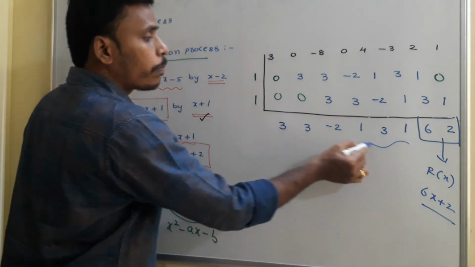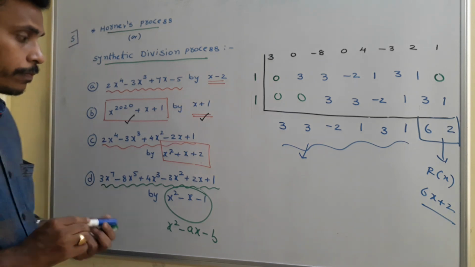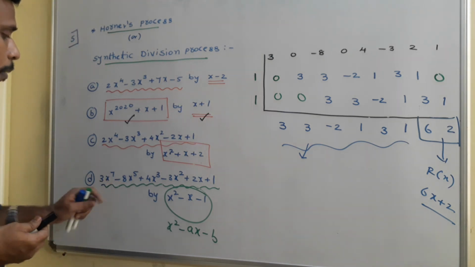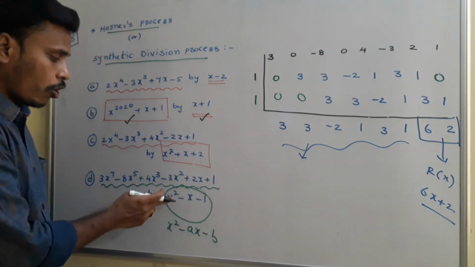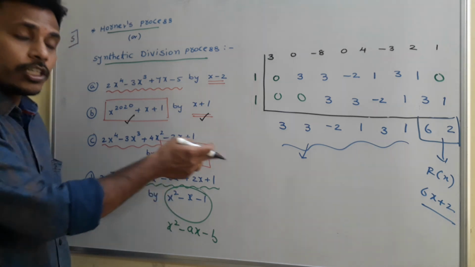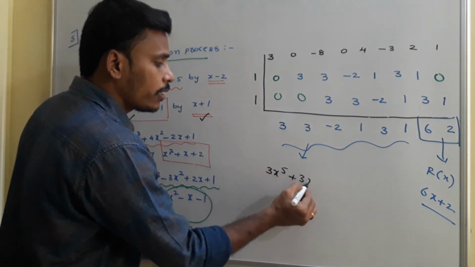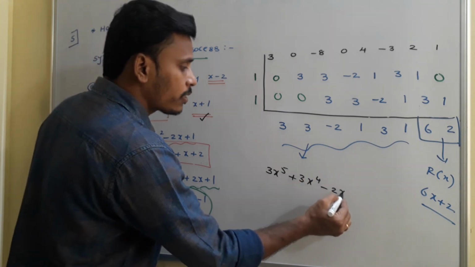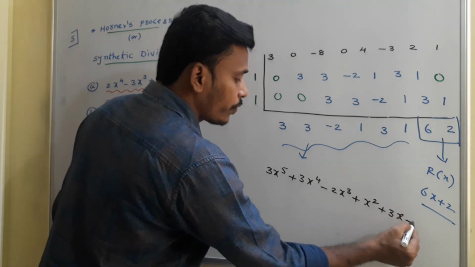And all this part will represent the quotient. And what is the quotient here? Since the given polynomial is of 7th degree, the quotient is of 6th degree. No, not 6, because the divisor is quadratic, right? So this is 7, this is 2, this should be 5. So 3x power 5 plus 3x power 4 minus 2x cube plus x square plus 3x plus 1.